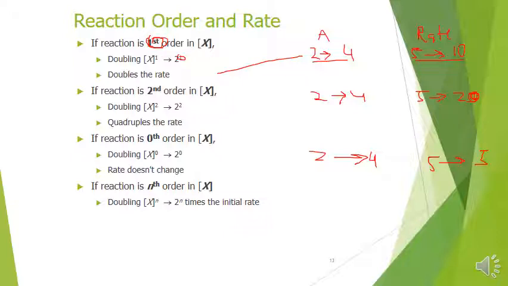And the general rule is that if you double your concentration, whatever change happens is 2 raised to that exponent.